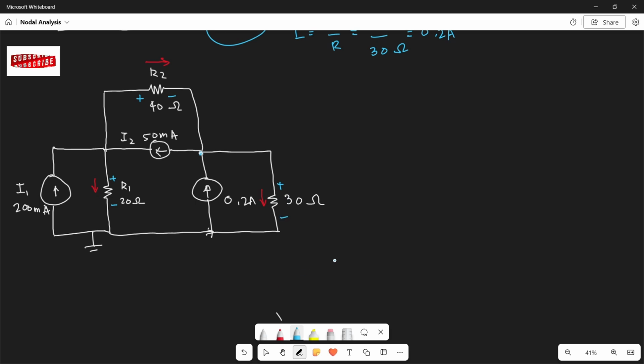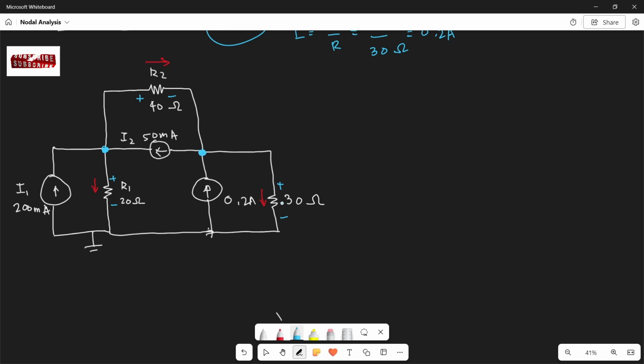After indicating all the polarities for each resistor, we look for the other nodes aside from the reference node. In this circuit, this is a node and this is a node.